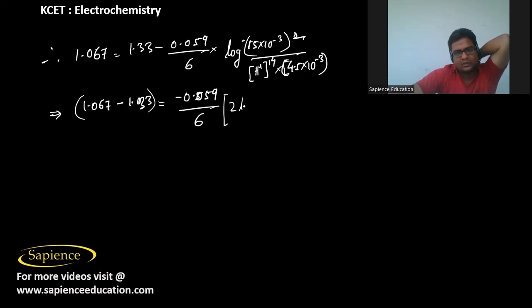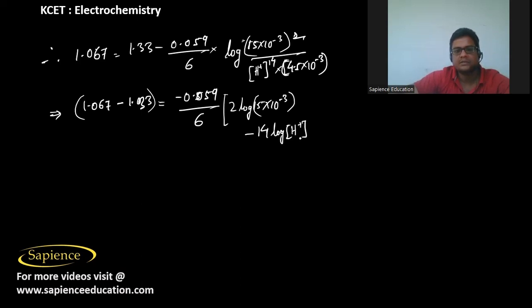Now this we can write as 2 into log of 15 into 10 power minus 3, minus 14 into log of H+, and minus log of 4.5 into 10 power minus 3.